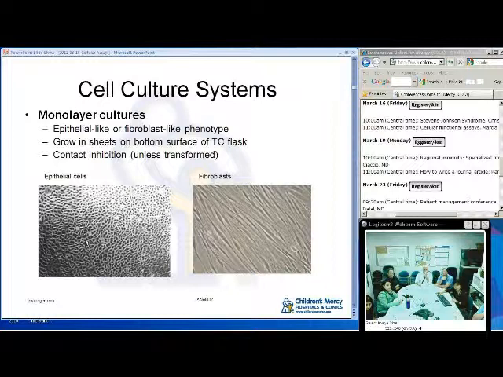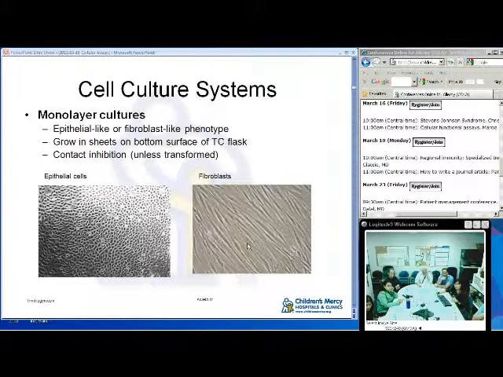On the left are epithelial cells growing as a sheet on the surface of the flask, and you see the epithelial cells have a kind of boxy phenotype. They grow until they hit their neighbor, and then they stop growing. That's what's called contact inhibition.